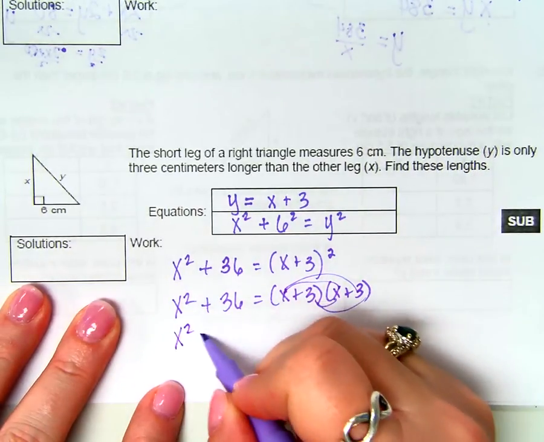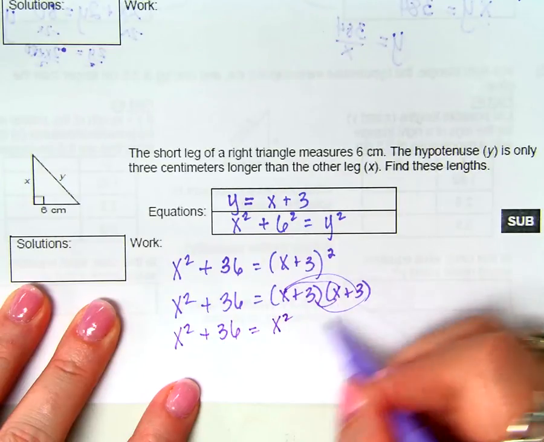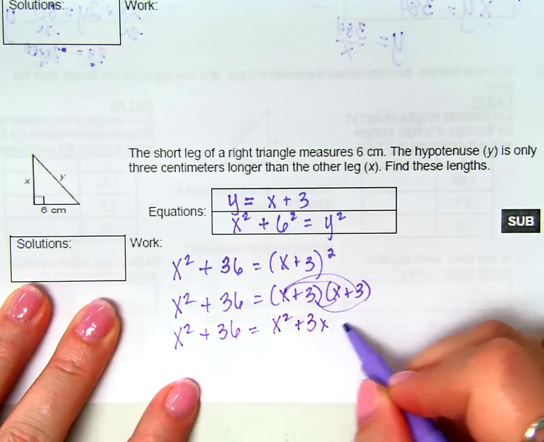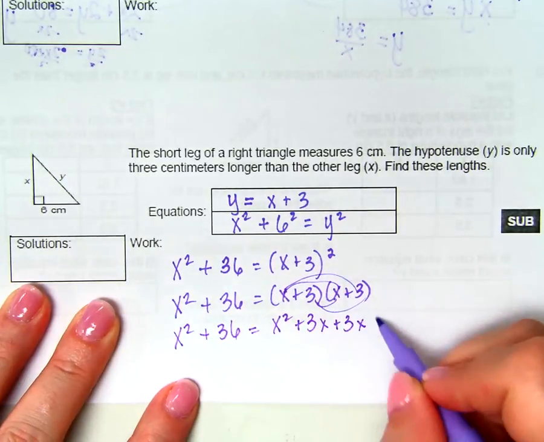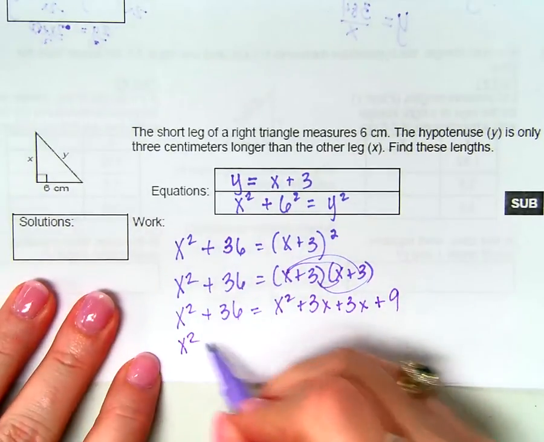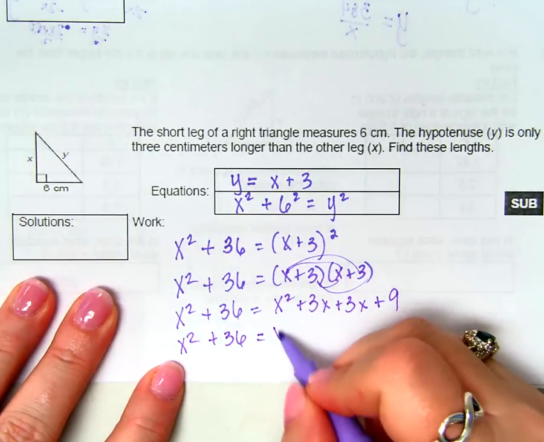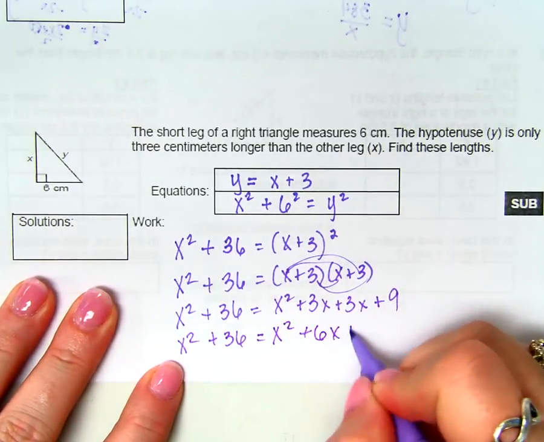So x squared plus 36 equals x squared plus 3x plus 3x plus 9. So x squared plus 36 equals x squared plus 6x plus 9.